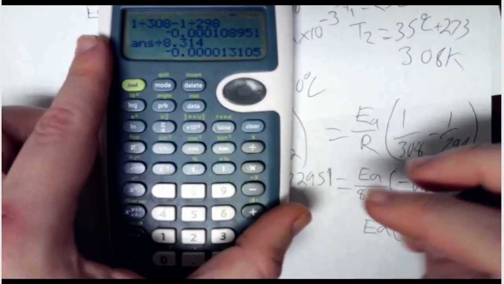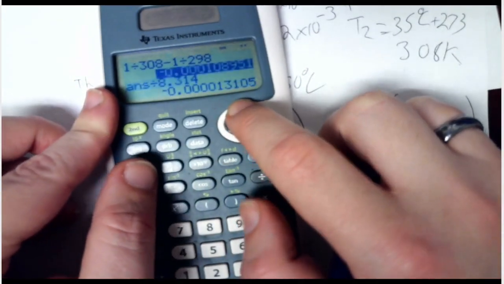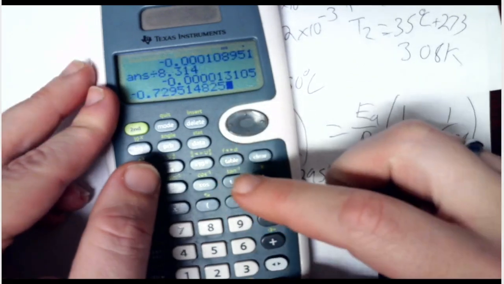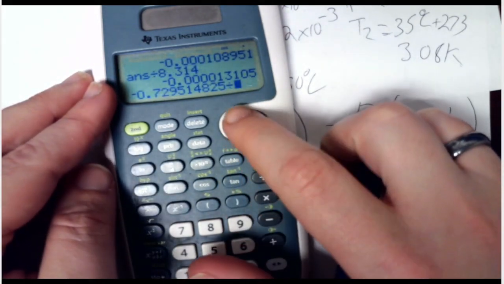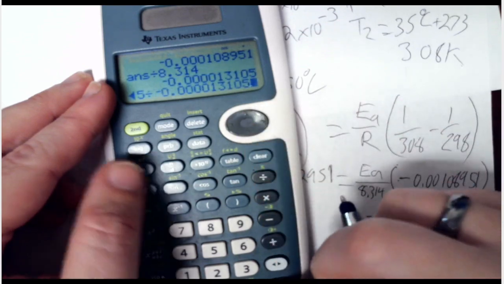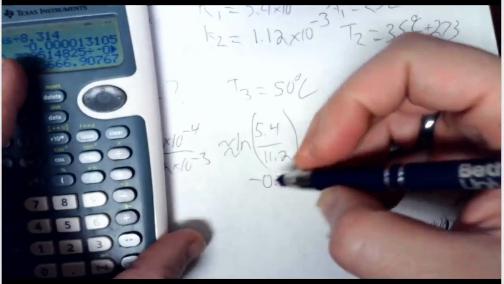So if I take that number and I divide by this number, I will get our activation energy.